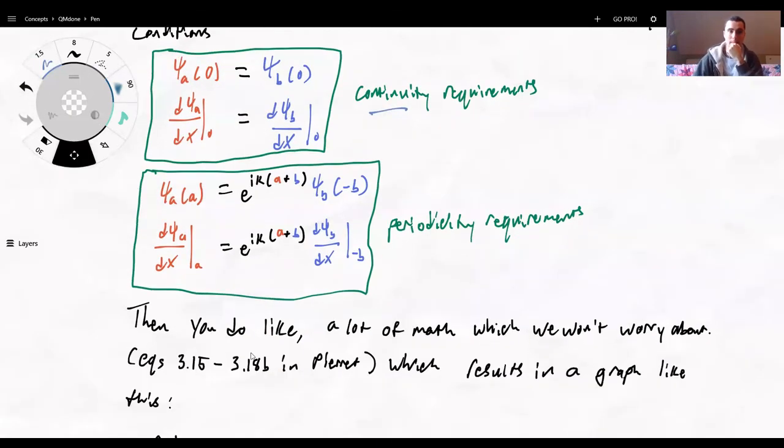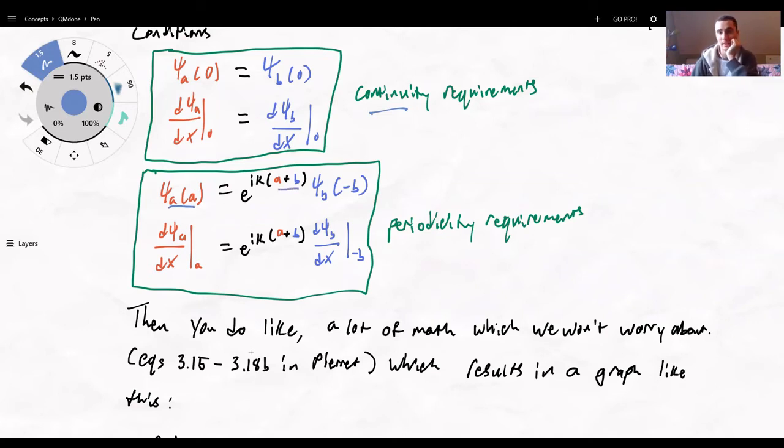Now for the periodicity, just like before, we have this wave function for A is going to be equal to e to the ika times B, because remember, that's the width of our unit cell. So we're adding a unit cell here, is going to be equal to now actually a portion of the wave function at B. So if you go back and look at the graph, you can see that this sort of makes sense.